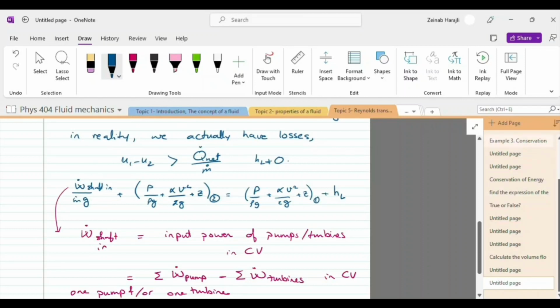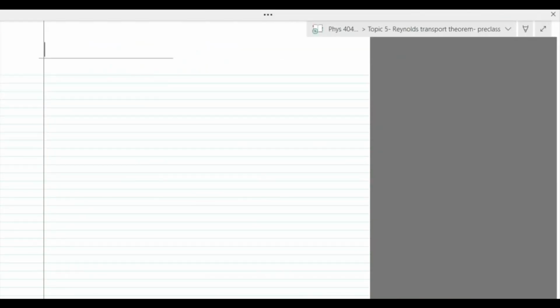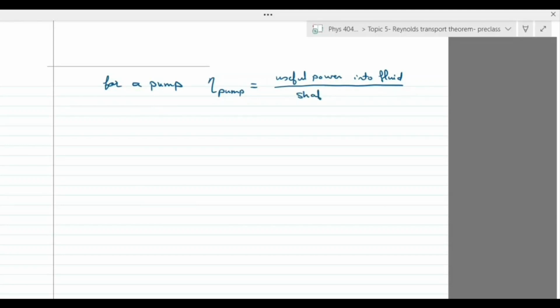So let's recall our expressions for efficiency. If I have a pump, the efficiency of the pump is going to be equal to the useful power that is going into the fluid over the shaft power that is coming out of my pump.